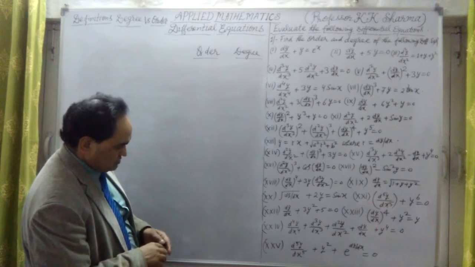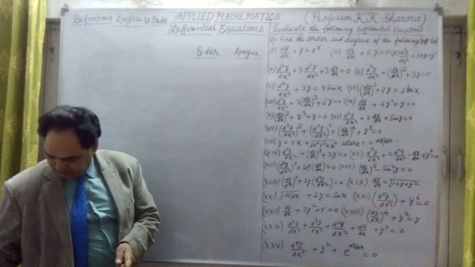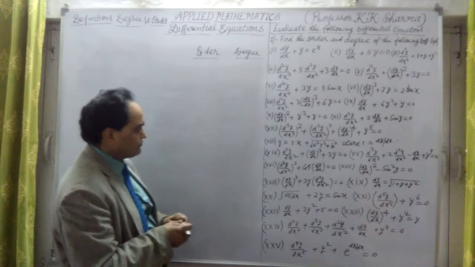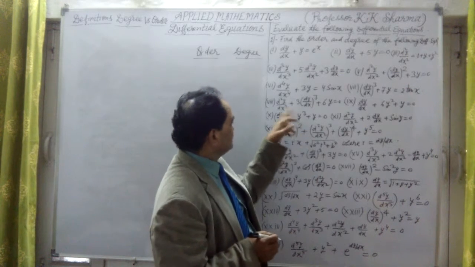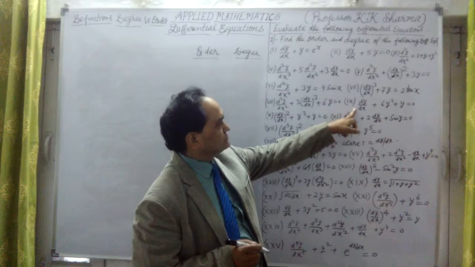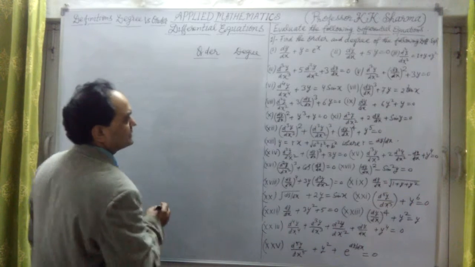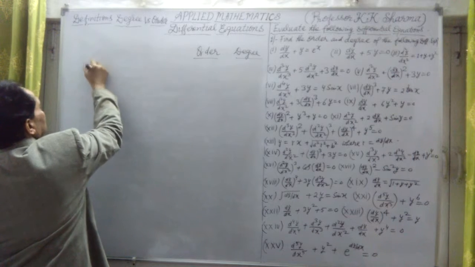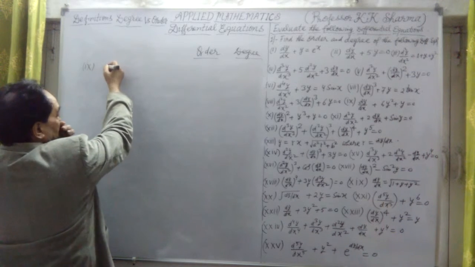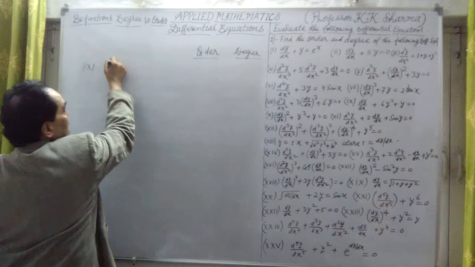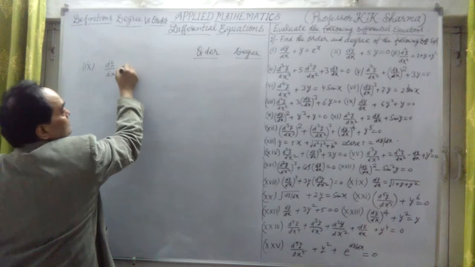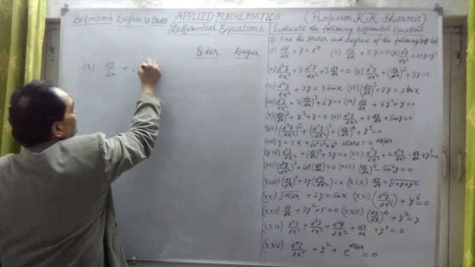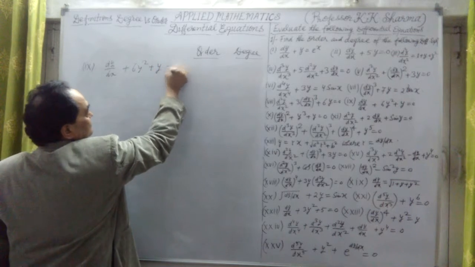What does the 9th question say? The 9th is this one: dy by dx plus 6y square plus y equal to 0.